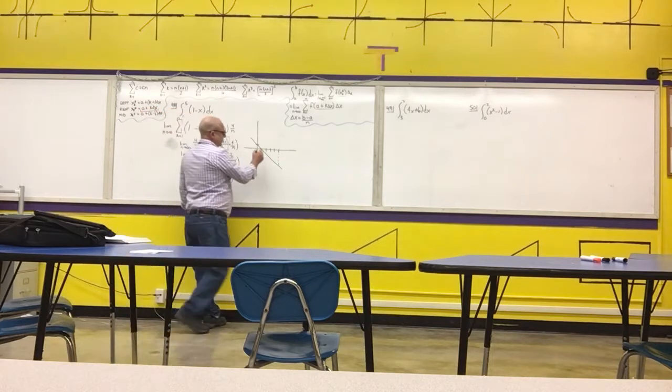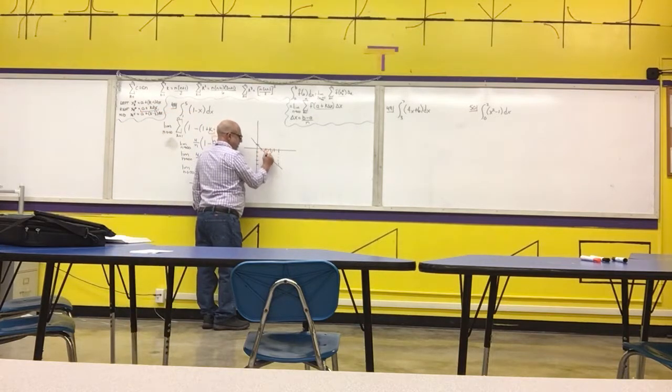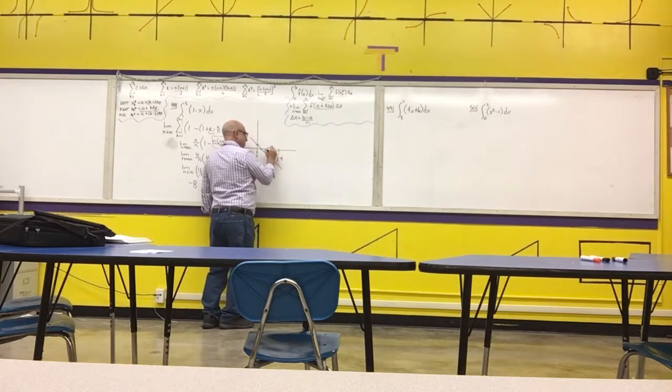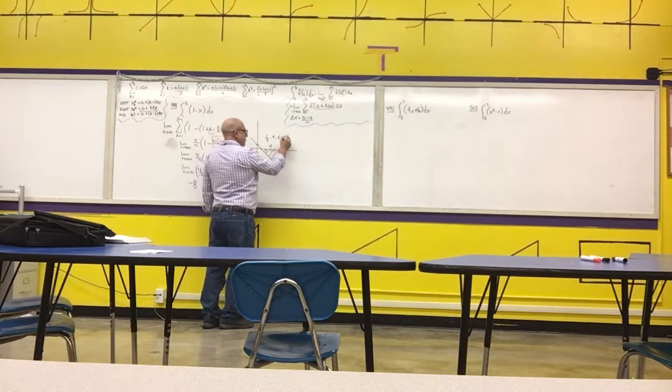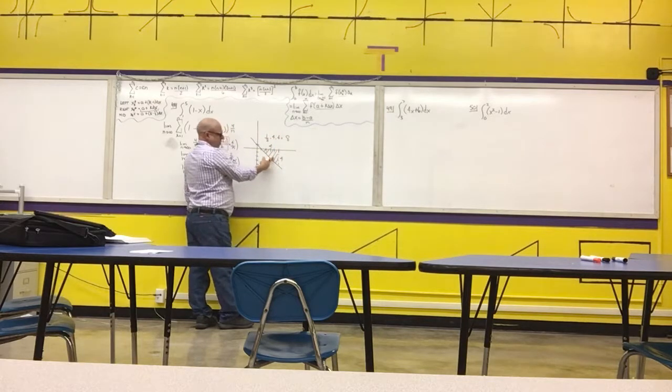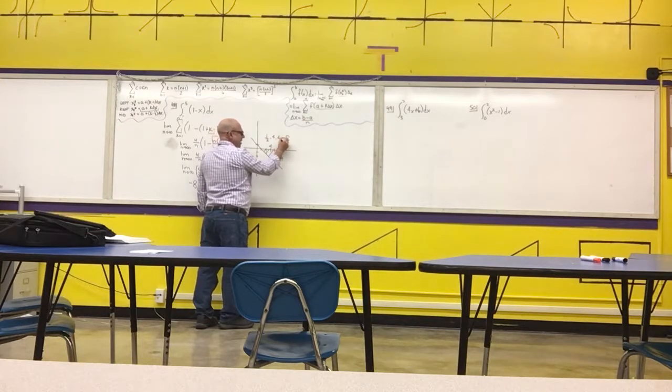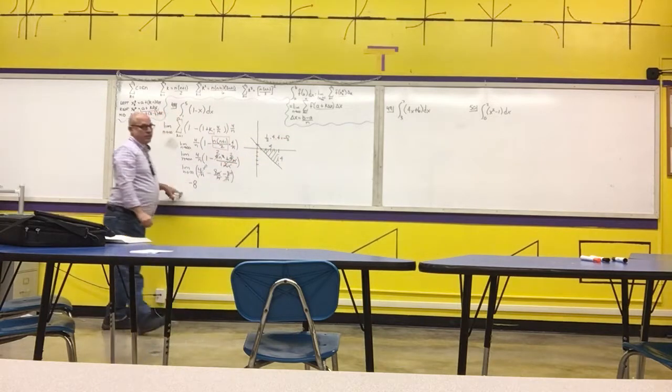So this is the area that we are trying to find. Well, the height is 4, the width is 4, and the area of a triangle is 1/2 times base times height, which is 16 over 2, which is 8. But because we're below the x-axis, it became a negative 8. So our answer does check.